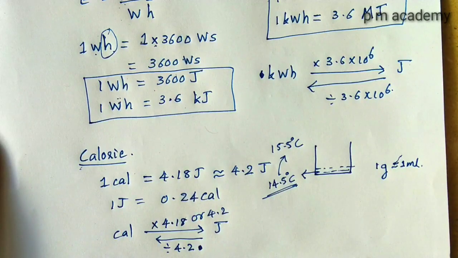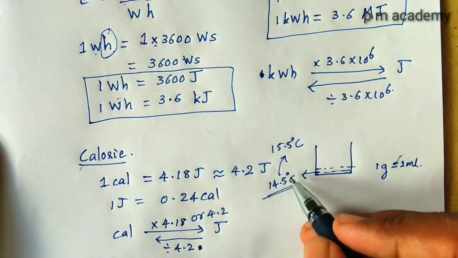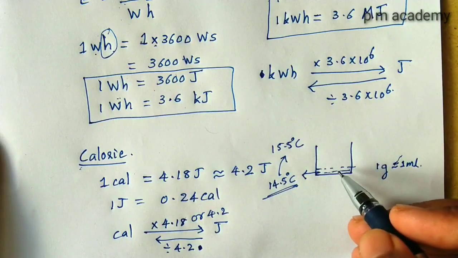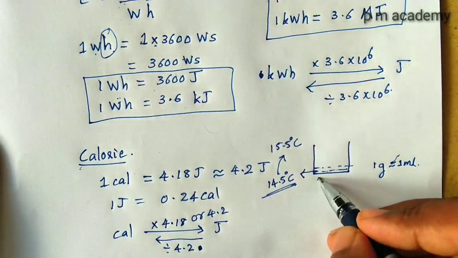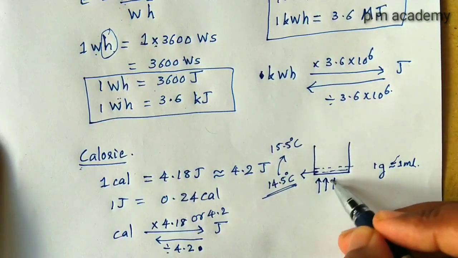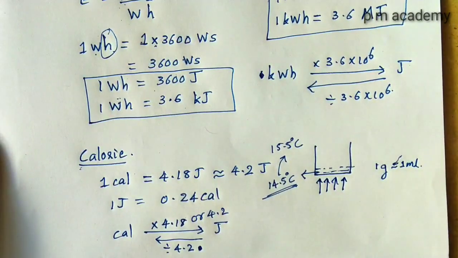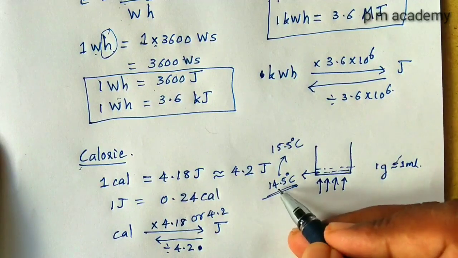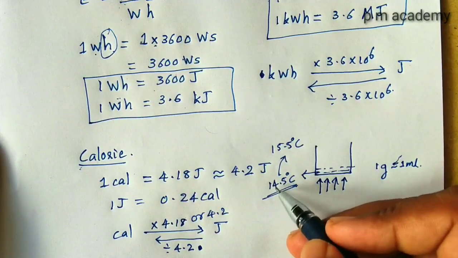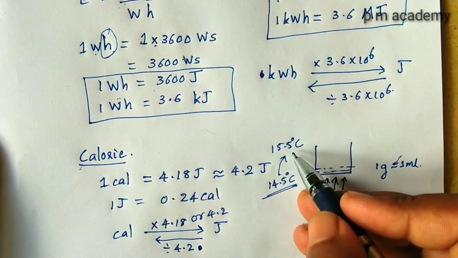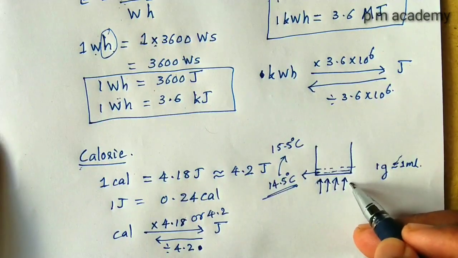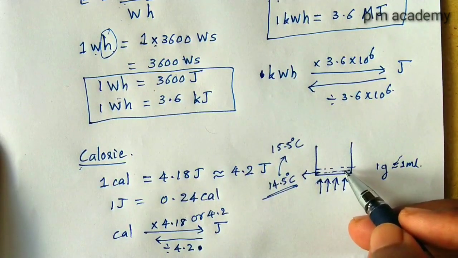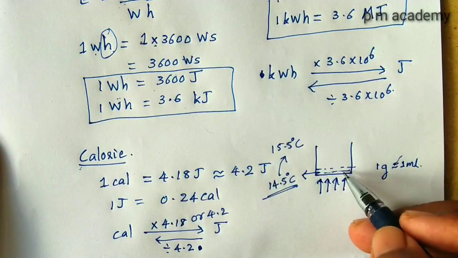To increase the temperature of any object, you know that you have to heat it. You have to give heat energy to water. That means to increase the temperature of 1 gram of water from 14.5 degrees Celsius to 15.5 degrees Celsius, you have to supply some heat energy to water.